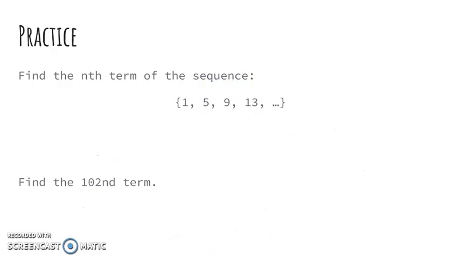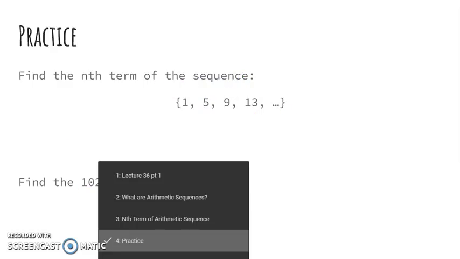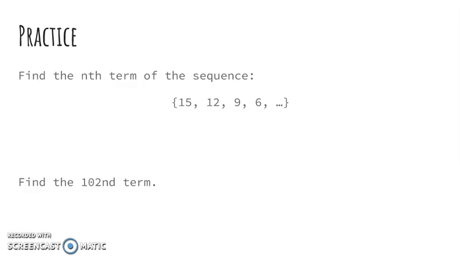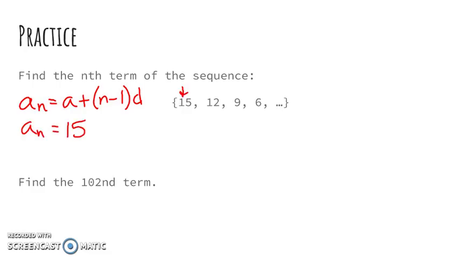This one's going to be a little bit different. Okay. I want to find the nth term of the sequence. Okay, again, remember our formula. A sub n equals a plus n minus 1 times d. Okay, what's my a value? First term is a. So that's going to give me 15 plus n minus 1.